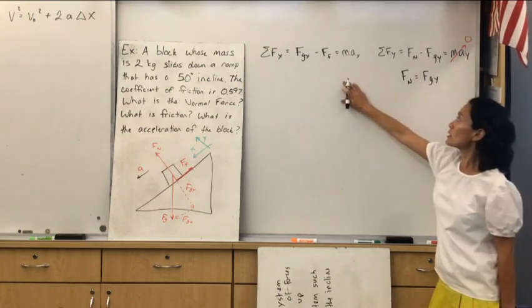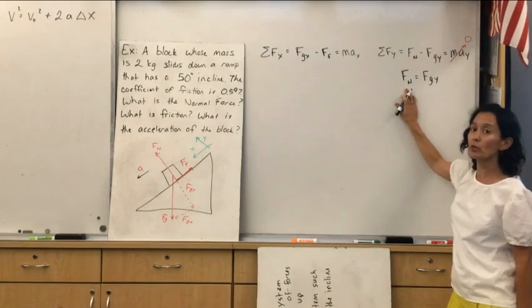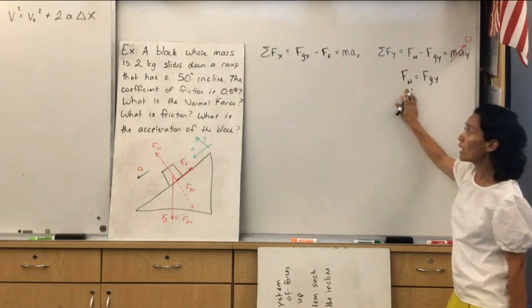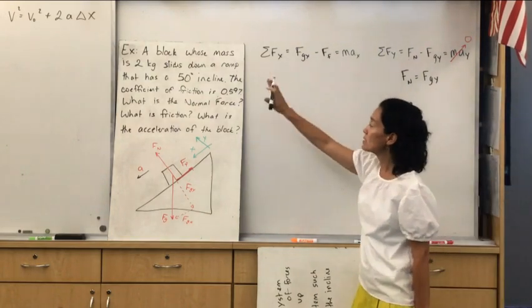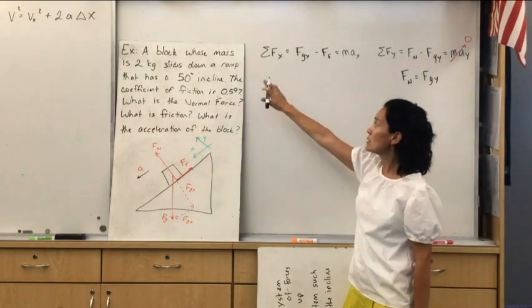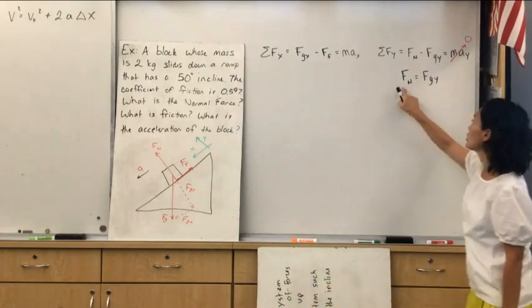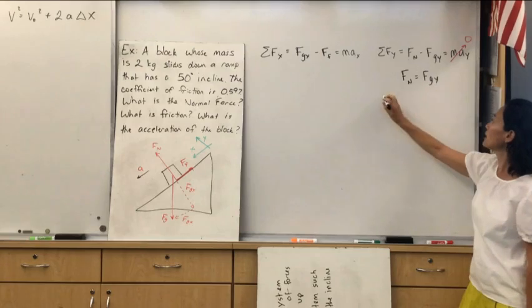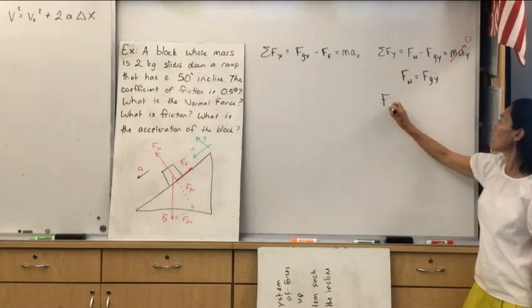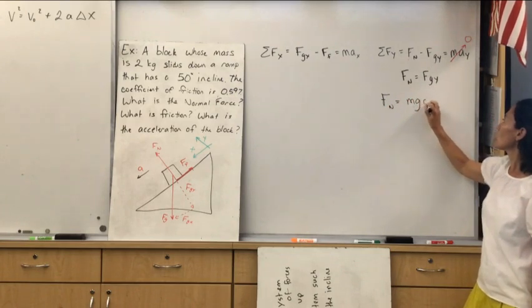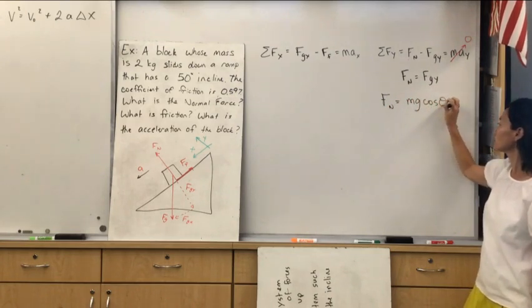So we've written out our equations. Now let's look at what the problem is asking you to figure out. We're told the mass, the degrees, and the coefficient of friction. The first thing says, what is the normal force? Fn is equal to Fgy. And remember, Fgy is going to be mg cosine of theta.